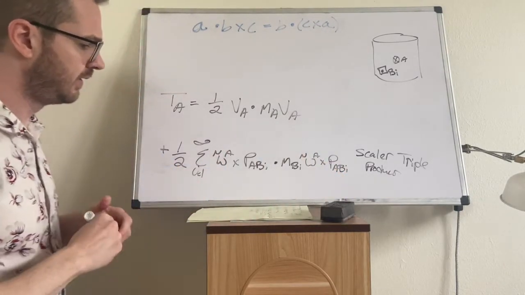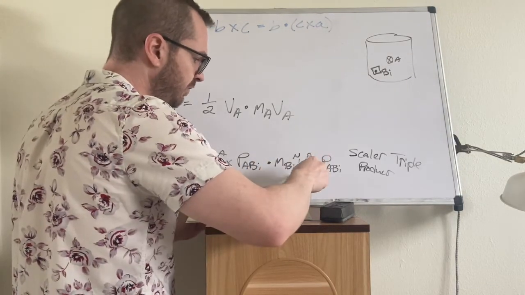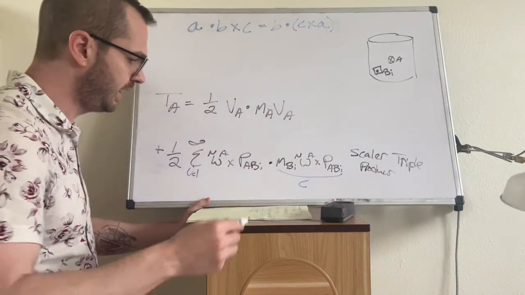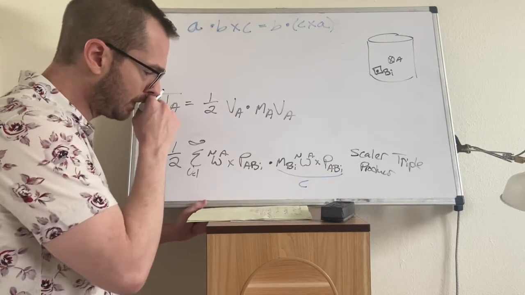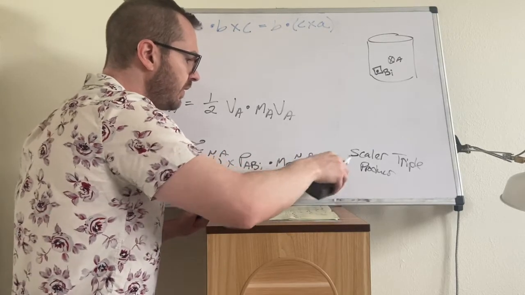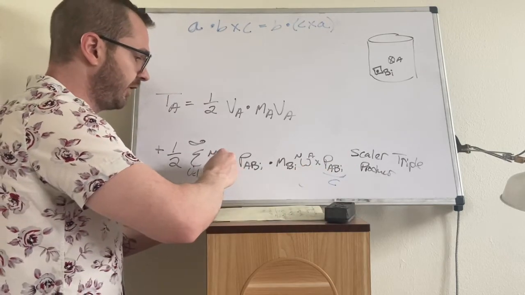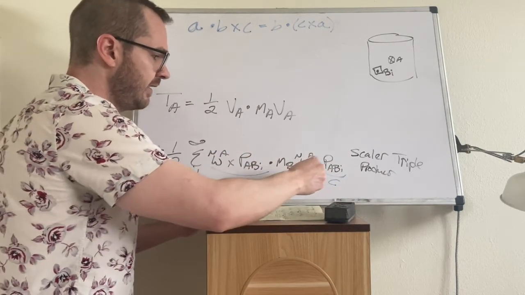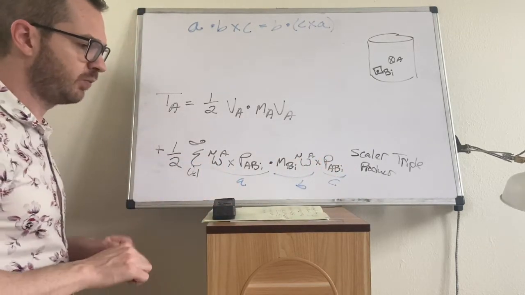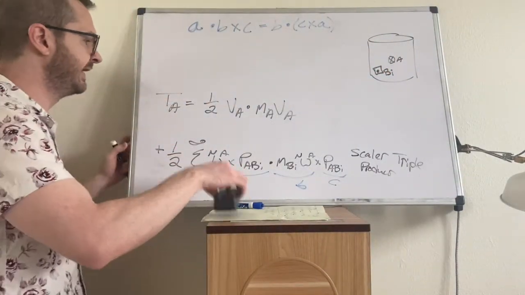Let's make this part our C, and the next part A. This last part is C. And the part in front, this is A, and this is B. So if we arrange it in this way, then when we use our triple product identity, here's what we get.